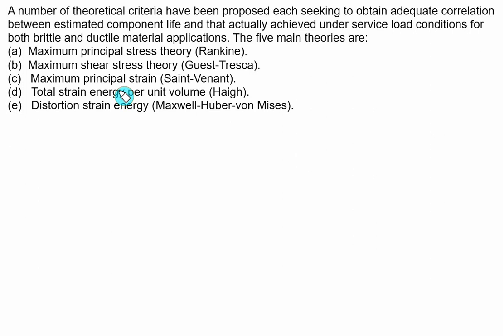The maximum principal strain theory is proposed by Saint Venant, and the total strain energy per volume theory is proposed by Haig. And the distortion energy theory, which is most commonly used in the case of ductile material, is proposed by von Mises. All these theories we'll discuss here in detail one by one. We will start with the maximum principal stress theory, which is used for brittle material and was developed by Rankine.